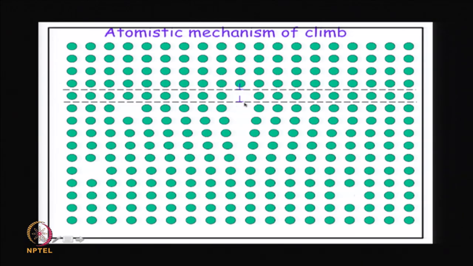So, this motion from this initial location to this final location, this jump motion, is what is called dislocation climb. In particular, we will call this the dislocation climbing up.